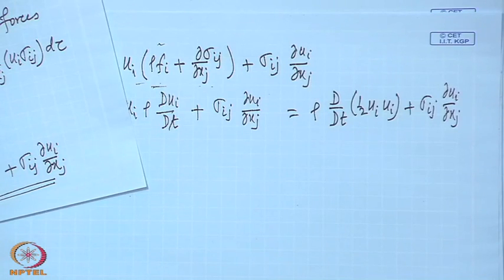But what about this term? Think in terms of a small element: dy_j by dx_j expresses the change in velocity across that material surface, and sigma_ij is the stress acting.